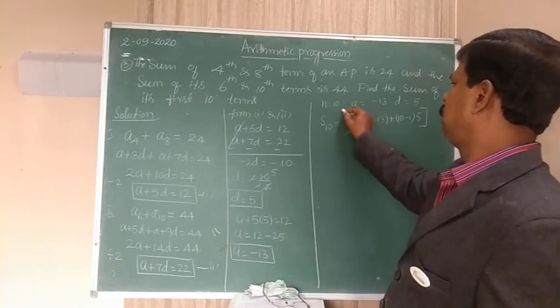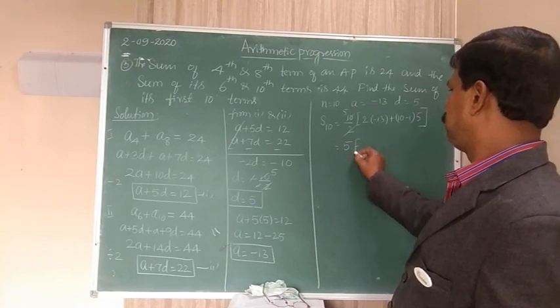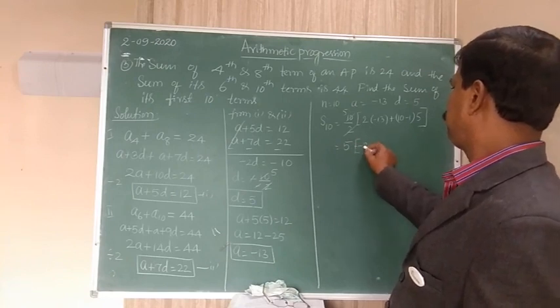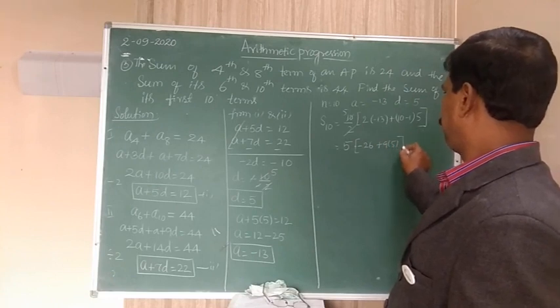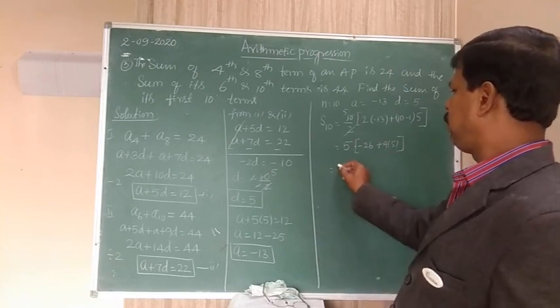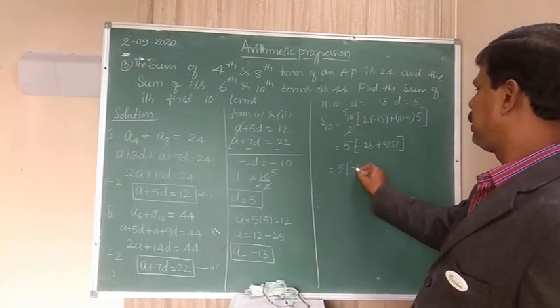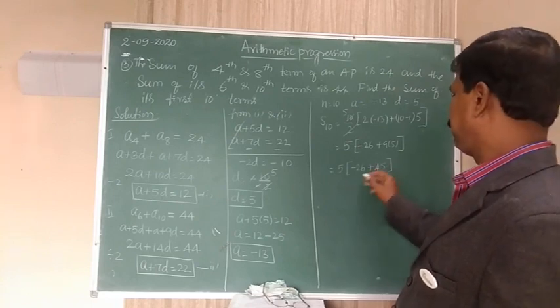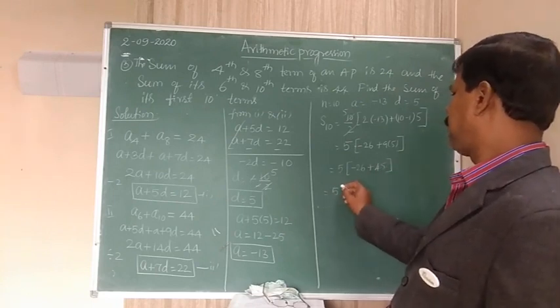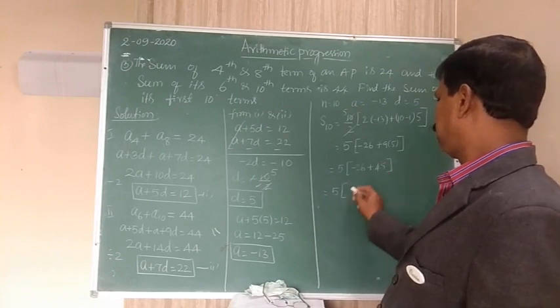So 2 ones are 2, 2 5s are 10. So this is 5 into minus 26 plus 9 into 5. Now 5 into minus 26 plus 9 5s are 45. Now this is 5 into 10 minus 9, 3 minus 2 is 1.